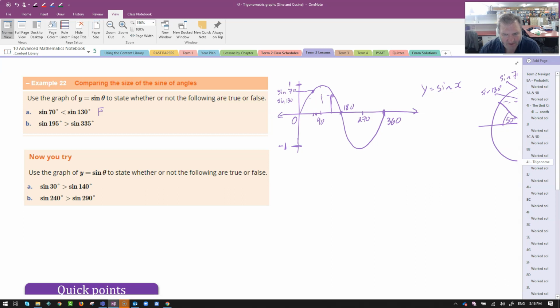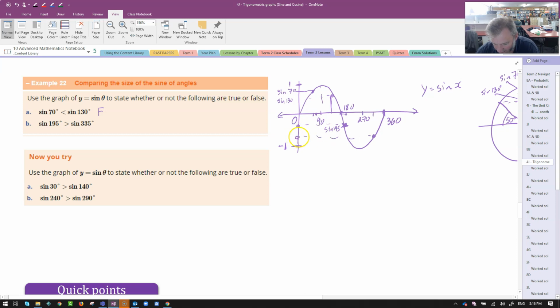What about the next two? Sine of 195. So 180, 195, it's another 15 degrees that way. Maybe about there. 335. Well, that's 25 degrees away, so it's a little bit further away. So I'm thinking that point here, that's about sine 195 if I trace that back to there.